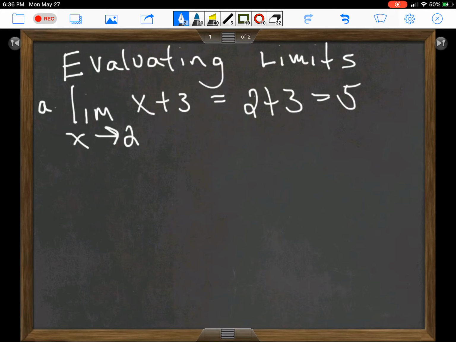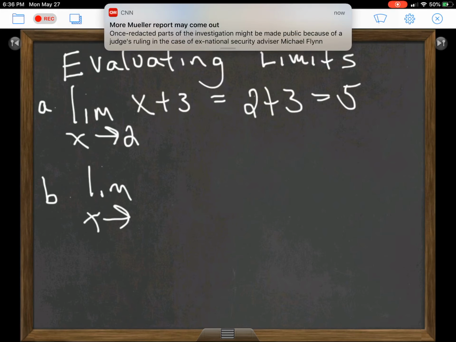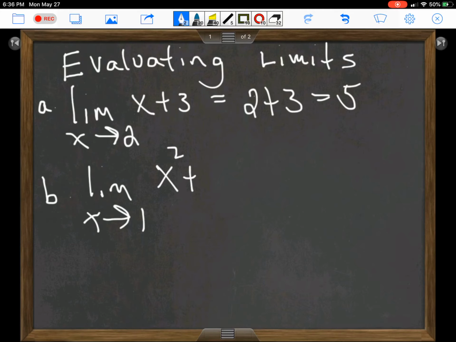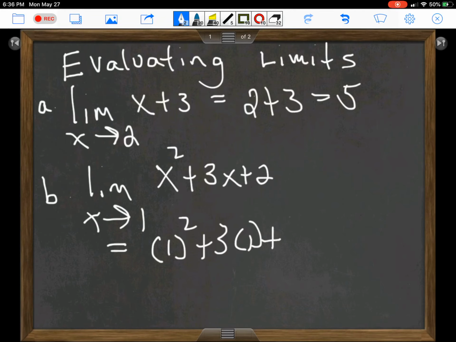That's all it is. For example, the limit as x approaches 1 of x squared plus 3x plus 2 equals, once again, direct substitution. So it's 1 squared plus 3 times 1 plus 2.